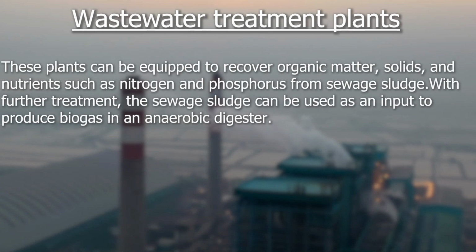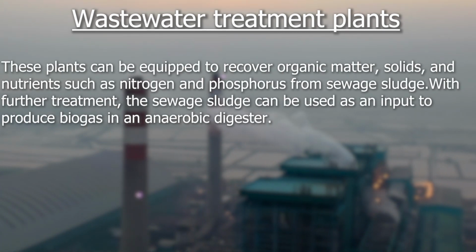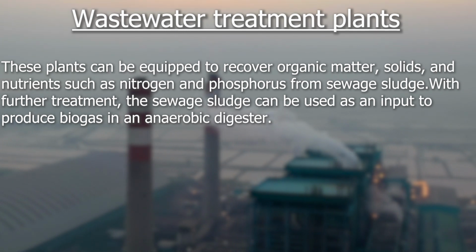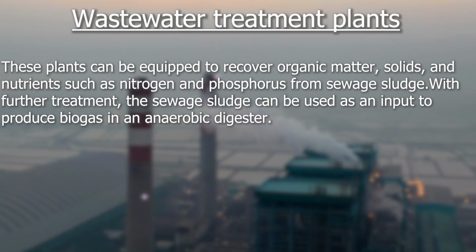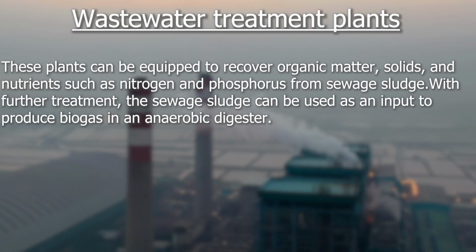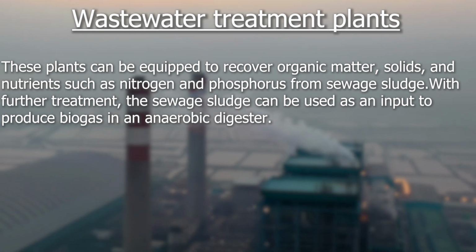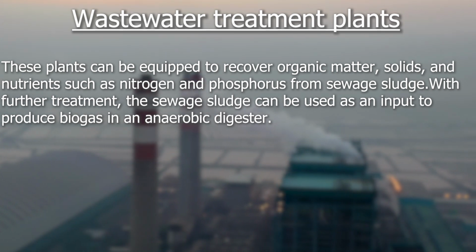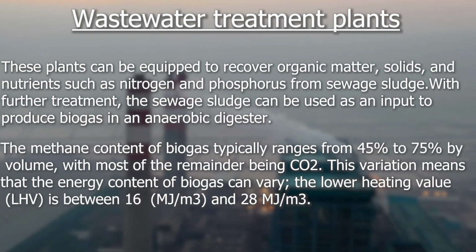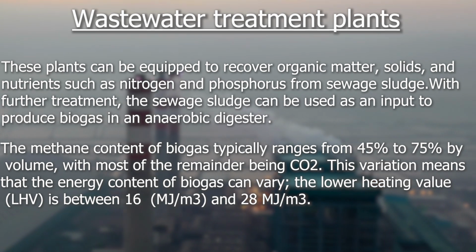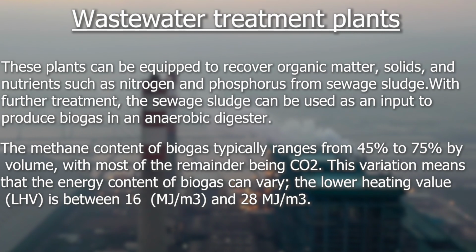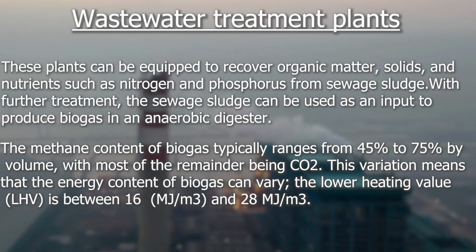These plants can be equipped to recover organic matter, solids and nutrients such as nitrogen and phosphorus from sewage sludge. With further treatment, the sewage sludge can be used as an input to produce biogas in an anaerobic digester. The methane content of biogas typically ranges from 45% to 75% by volume, with most of the remainder being CO2.